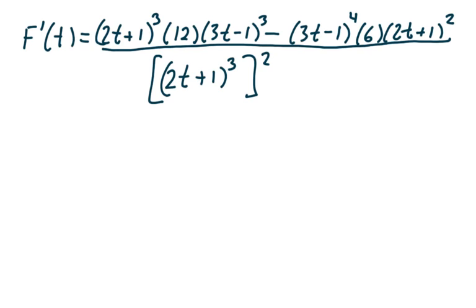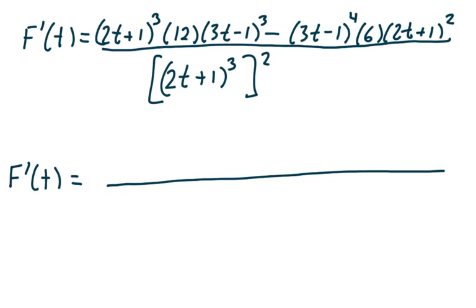Now, so f prime of t equals. Now, I see a 2t plus 1 squared and a 2t plus 1 cubed. So since 2 is less than 3, I'm going to factor out a 2t plus 1 squared.